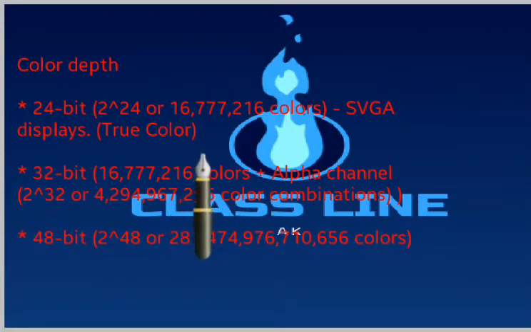It is also called true color. 32-bit is 16777216 colors plus alpha channel, 2 to the power 32, or 4294967296 color combinations. 48-bit is 2 to the power 48, or 281474976710656 colors. So color depth means how much color is used per pixel.